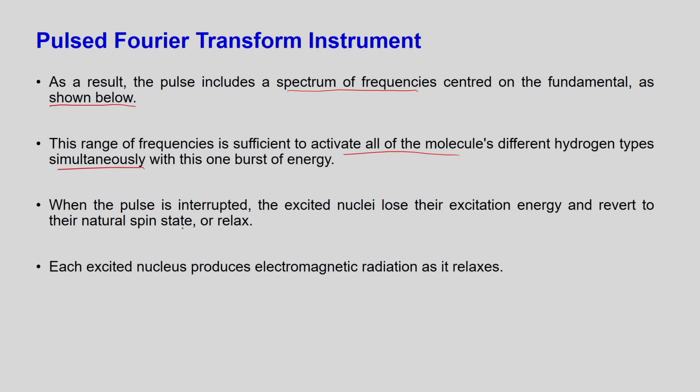When the pulse is interrupted, the excited nuclei will lose their excitation energy and return to their natural spin state. When I talk of the natural spin state, I am talking about the degenerate pair. Each excited nucleus will produce electromagnetic radiation as it relaxes.